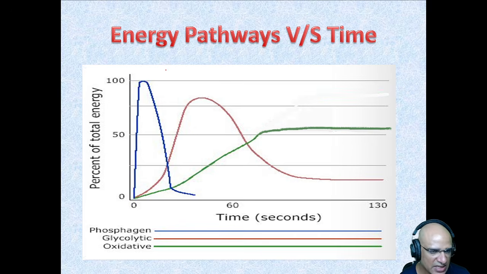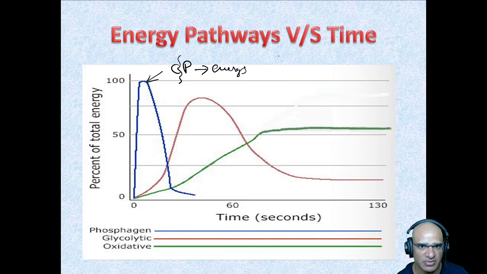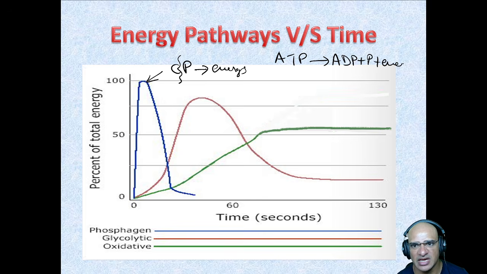Okay. So the first energy system is the creatine phosphate system, where the fuel for this energy system is creatine phosphate, which we manufacture in the human body. Whenever you break up this creatine phosphate, it liberates energy. ATP in the body, whenever you need fuel, is broken down into ADP plus P, and it liberates energy.